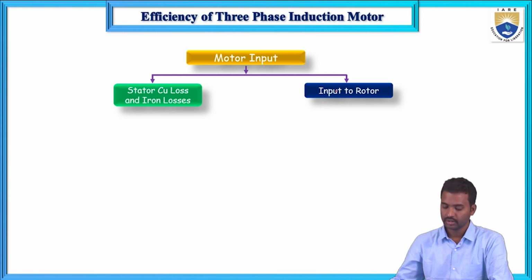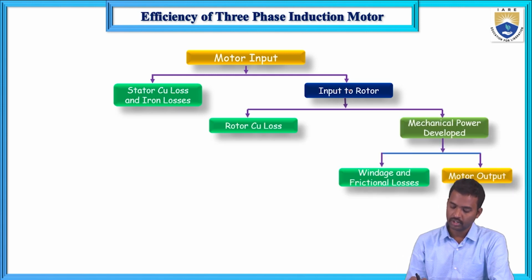If you give input to the rotor, there may be rotor copper losses and rotor iron losses. Rotor iron losses are negligible, and mechanical power is developed at the rotor. Then there are windage losses and frictional losses, and the total mechanical output power is at the shaft only.